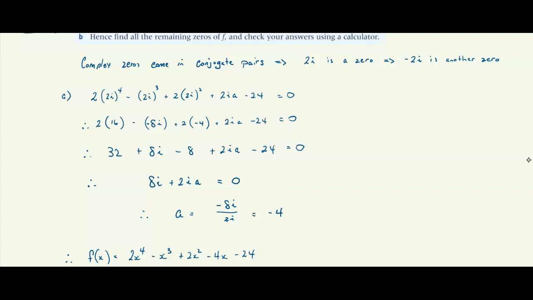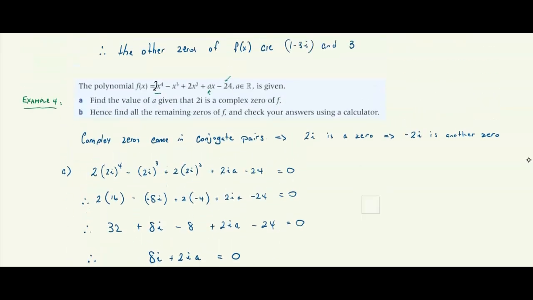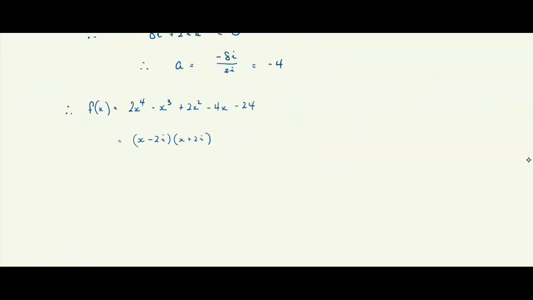That now goes into my polynomial, and we can work on that. 2i and negative 2i are zeros. So I know, therefore, I can write this. I'm going to have x minus 2i is one of my factors. x plus 2i has to be another one, right? Because 2i and negative 2i are zeros. And that's going to leave some q(x) plus my remainder.